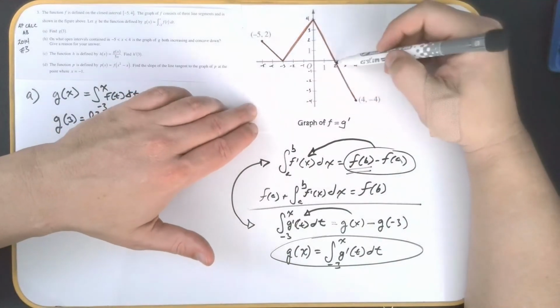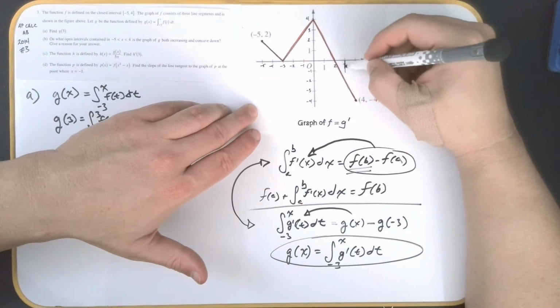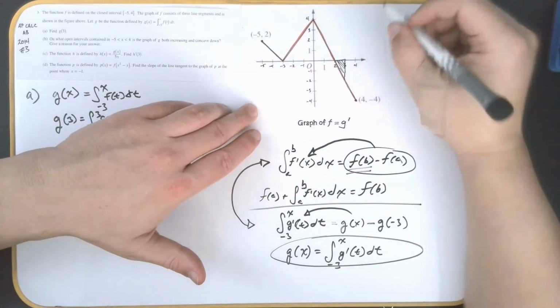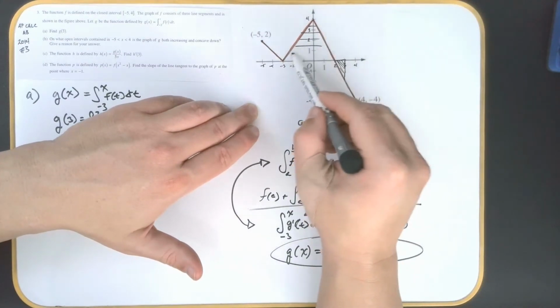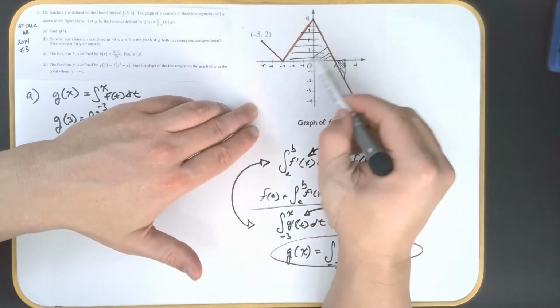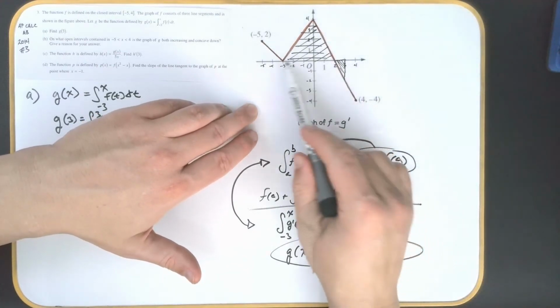from -3 to +2, and then I have this little guy right here. So I've got this little triangle here, and then I've got this big one up here. So if I just know my geometry formulas, I could figure out the big triangle. So let's do the big triangle.